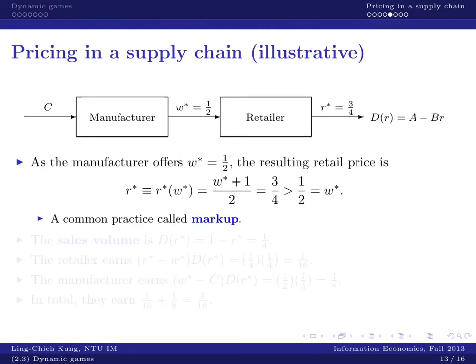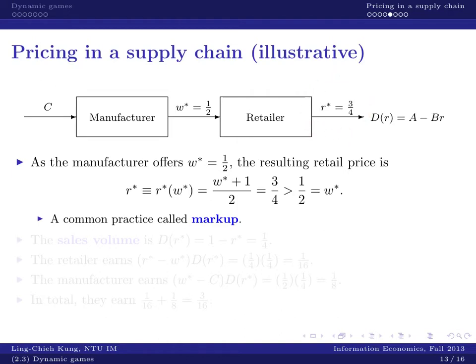Now with that 1/2 wholesale price, we can calculate the equilibrium retail price. The resulting retail price will be defined as R star, which is the best response function with W star plugged in. So we plug in W star here, and we get 3 over 4. The optimal retail price will be 3 over 4.